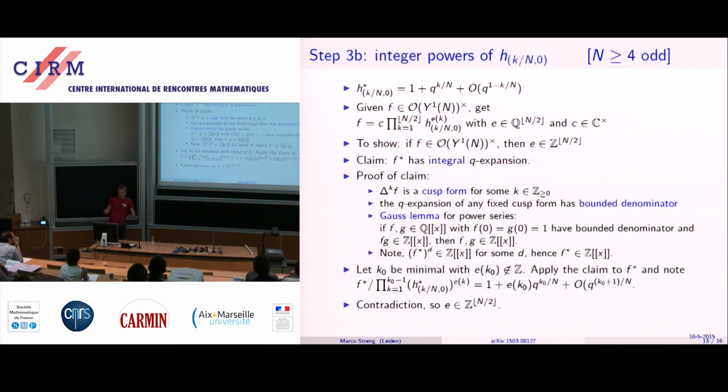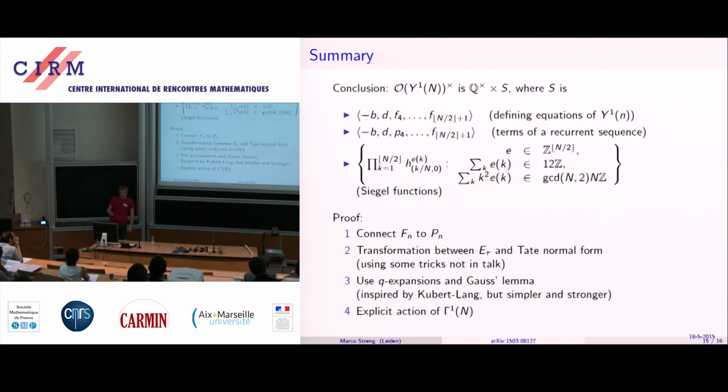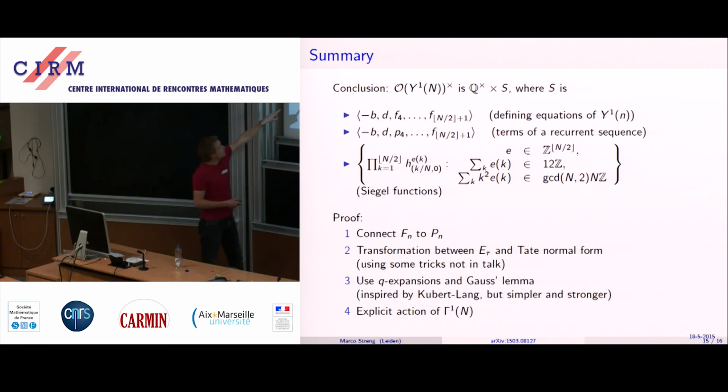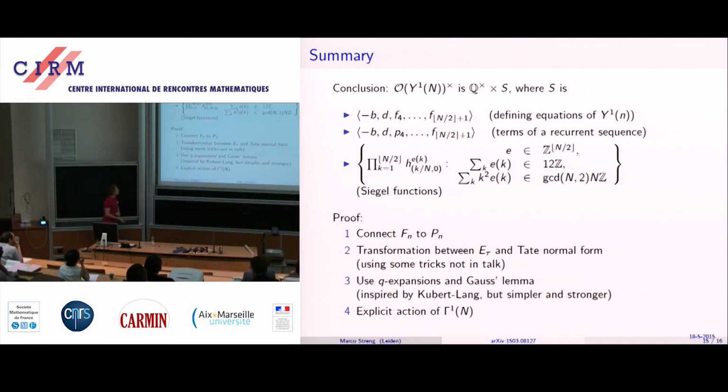So step 4 is just like step 3, but there's one cool trick, and here's a summary. So here are the 3 statements that I had. Step 1 was to connect the things, and then here, step 3, here's the short summary of it. Use the Q expansions and Gauss's lemma for power series, and finally use the action of gamma 1, and you prove that actually this thing is generated by all of that stuff.